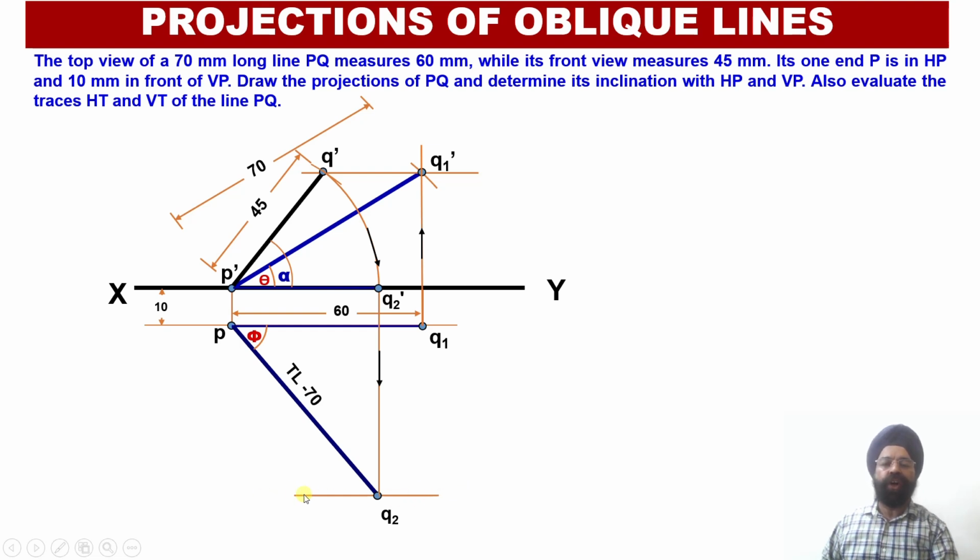So using this basic fundamental, with P as the center and radius equal to 60 millimeter, or PQ1, I will draw an arc from Q1 so that I should be able to intersect with this arc the horizontal locus line which I had drawn earlier through the point Q2 over here.